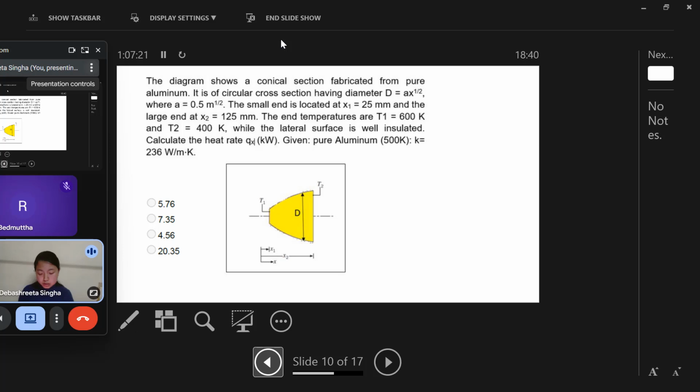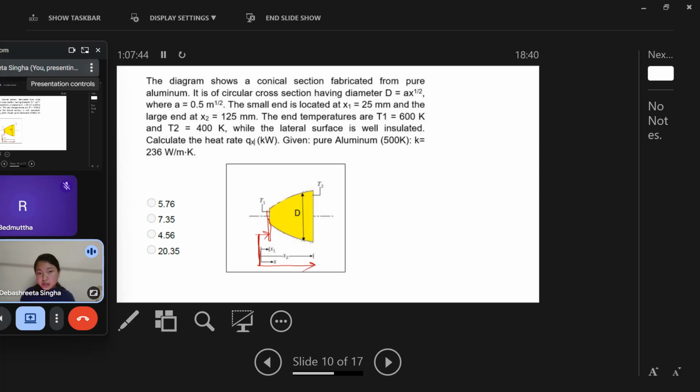The small end is located at 25 millimeter, if we start calculating from here, so here to here it is 25 millimeter, and the large end is at 125 millimeter. Here to here it is 125 millimeter.